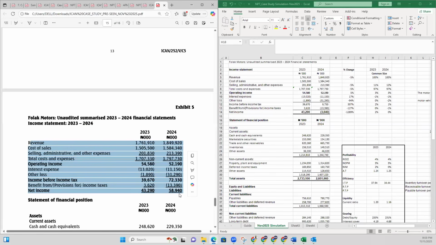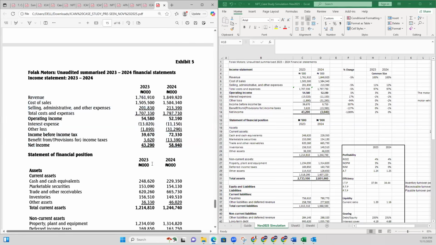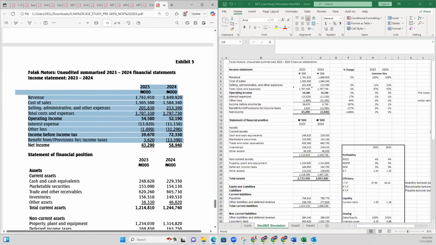Whether that is an intentional error or not, maybe they might give you another information in the exam which will signal that. But you will still go ahead and do your computation with whatever you are presented with in the exam, meaning here I'm supposed to just put 72,300 here, right? So if I adjust this back to 72,300, if we work with the number we have, then this will change to this.